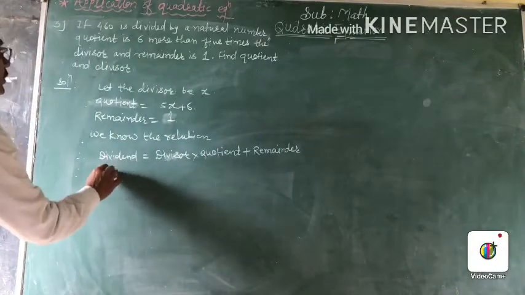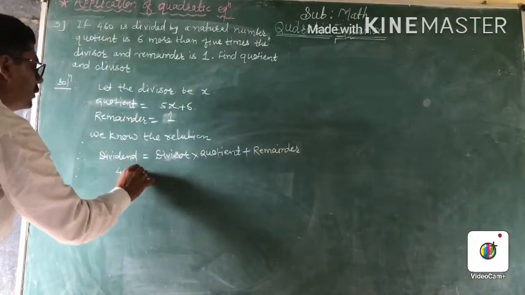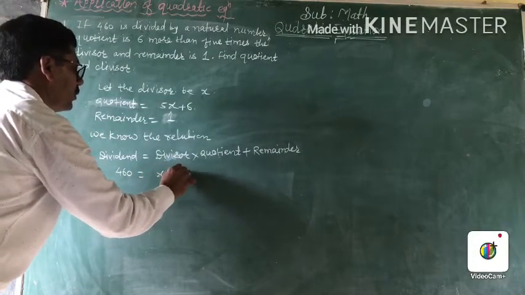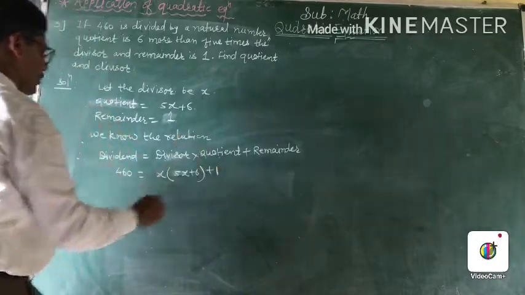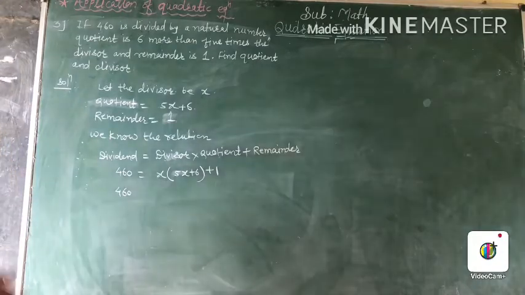For the dividend, the given dividend is 460, the divisor is x, the quotient is 5x plus 6, and the remainder is 1. If you solve this, you get this.